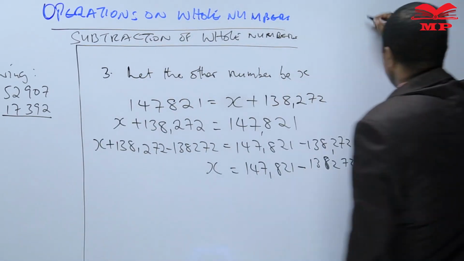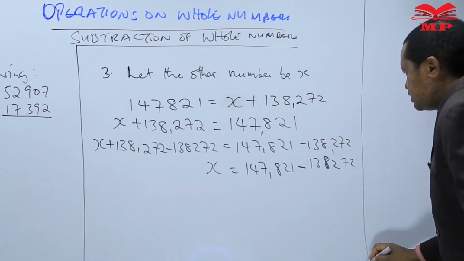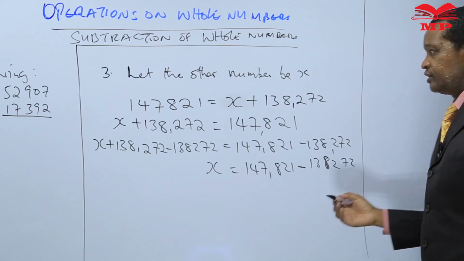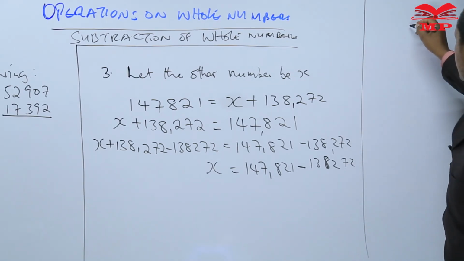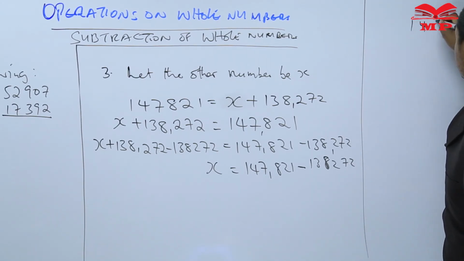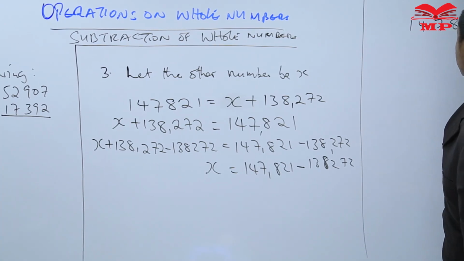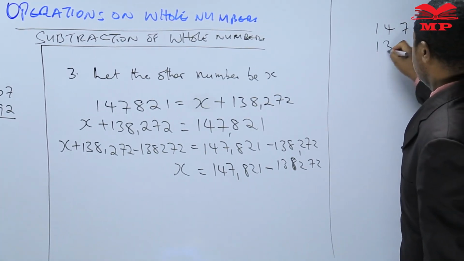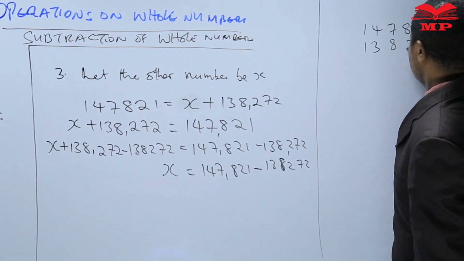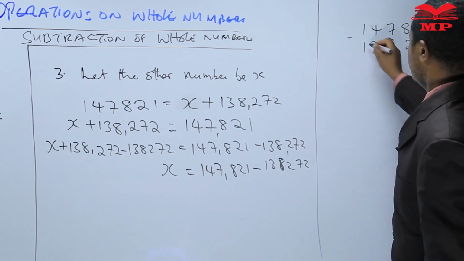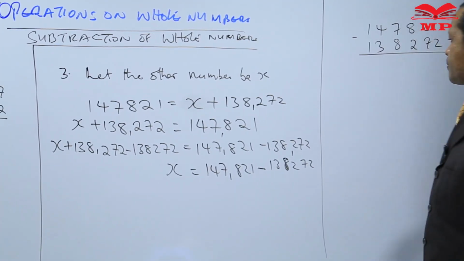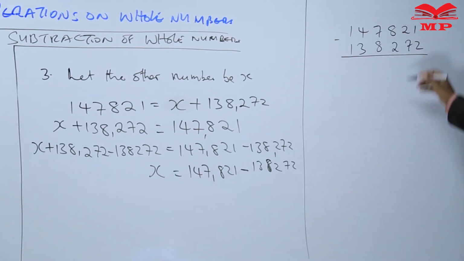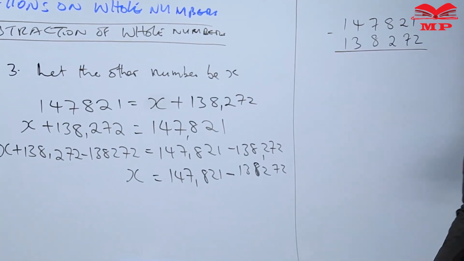So we'll come here and rewrite this in a vertical format. 147,821 minus 138,272. So we subtract the ones.